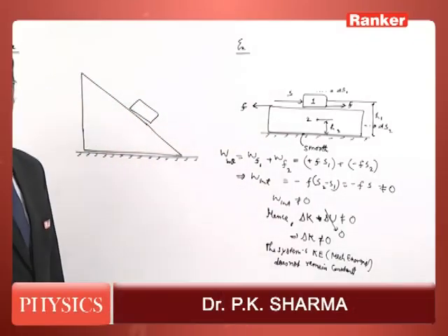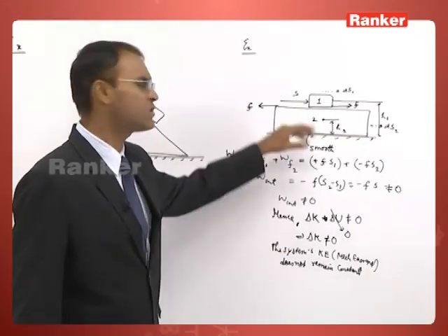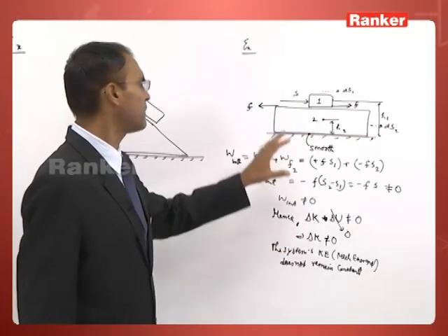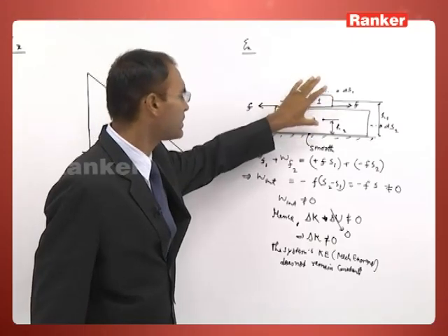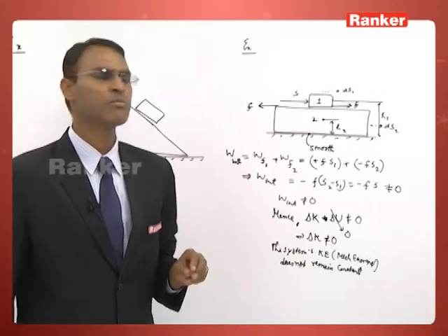In other words, we can say that we cannot apply the conservation of mechanical energy for the system. You cannot conserve the mechanical energy of the system where the internal forces are kinetic force of friction.